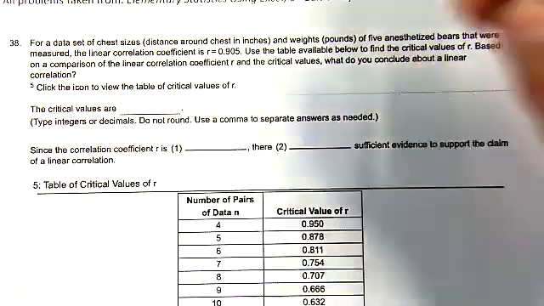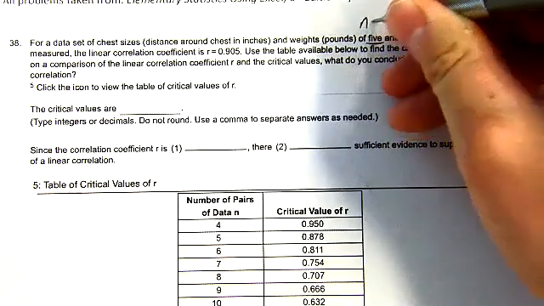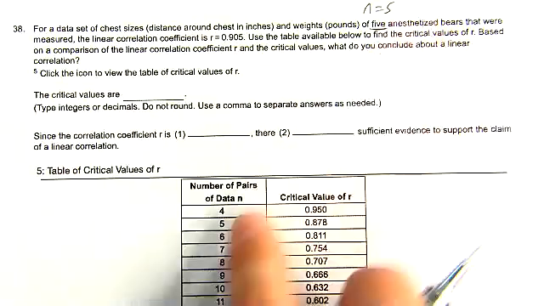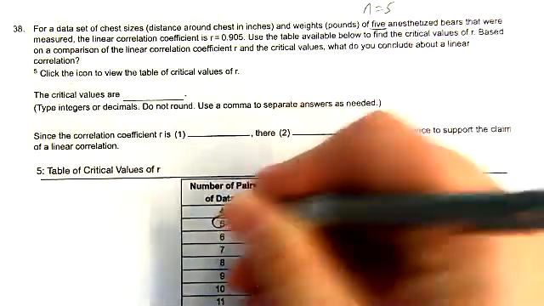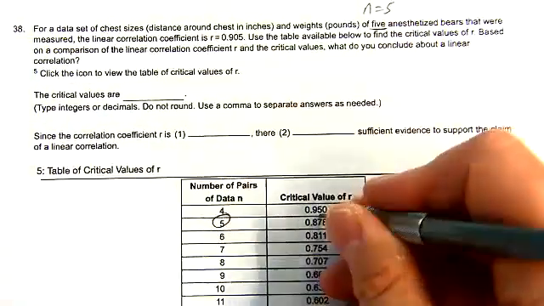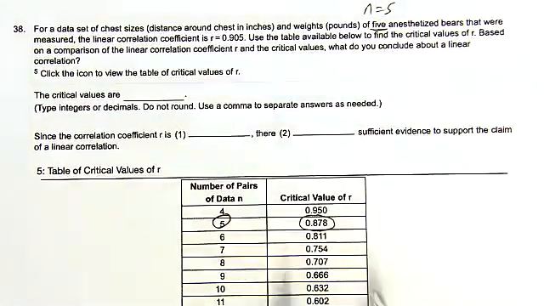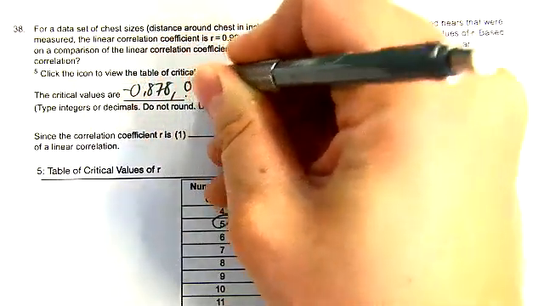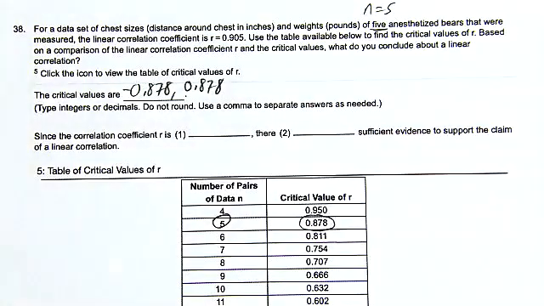So first thing, 5 bears, N equals 5. So we go to the table, N equals 5, we're here, which means we grab this number here, and then the first answer is this number with a negative, then that same number as a positive. So those are the critical values.